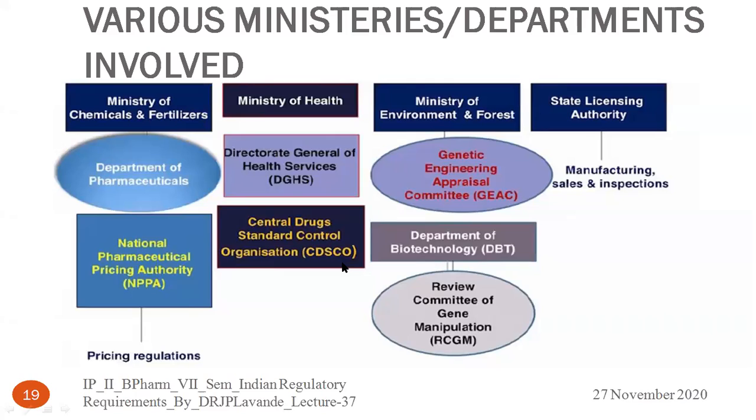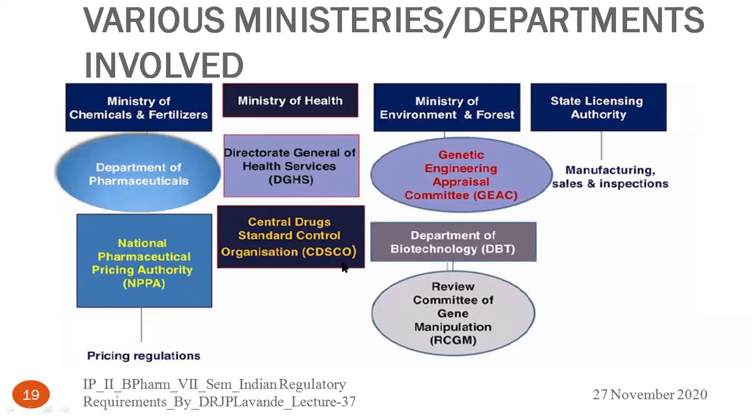There is a Department of Biotechnology. This Department of Biotechnology performs its functioning in the process of review. So there is a review committee on gene manipulation, that is the RCGM. There is a state licensing authority.